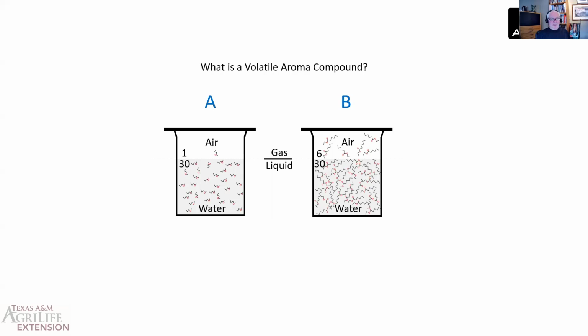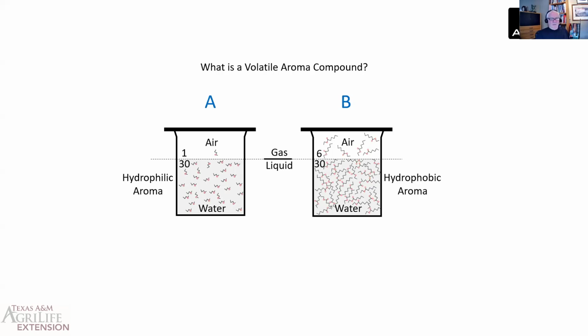In beaker B, a different aroma compound, still has 30 for concentration in the water, but you see now there's quite a bit more in the airspace. There's 6. So the gas to liquid ratio is now 6 divided by 30. So we would say that this ratio is much higher in beaker B. Beaker A we would call a hydrophilic aroma compound because it likes staying in the water.